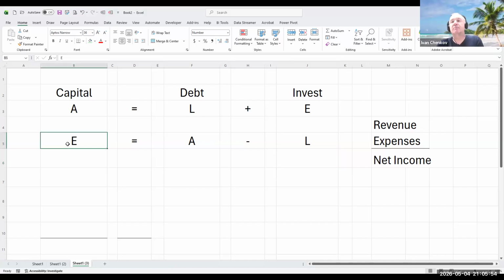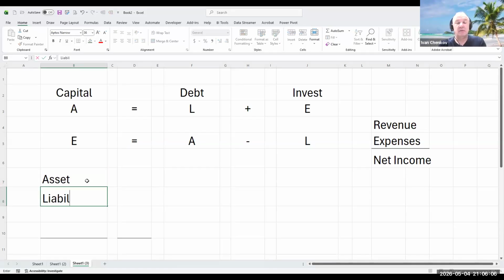So what does my equity represent? Asset minus liability. Well, what is asset minus liability then? Less liability is going to give you net assets. So in that case, net assets is equal to my equity.